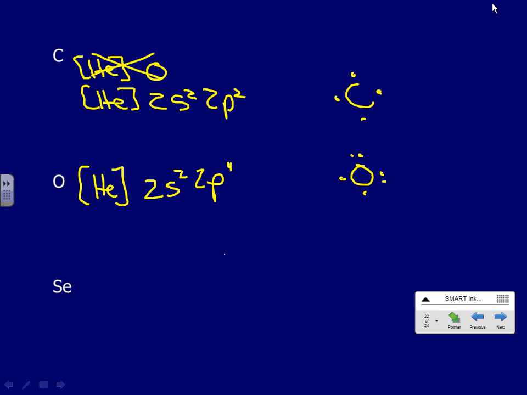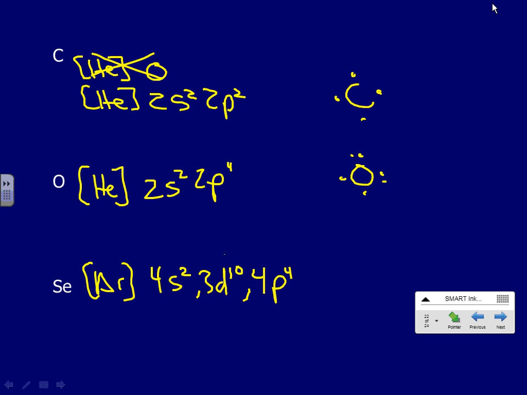Selenium. So down here, selenium, we're going back to argon. And then I'm going to 4s2. And I'm going to 3d10. And I'm coming across 1, 2, 3, 4. And that is 4p4.